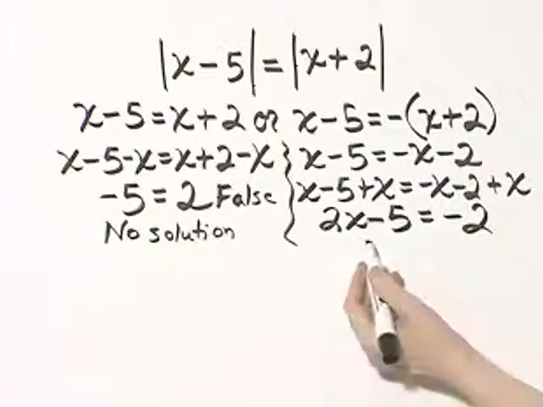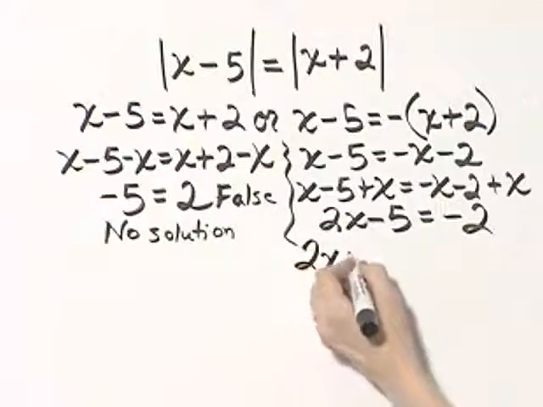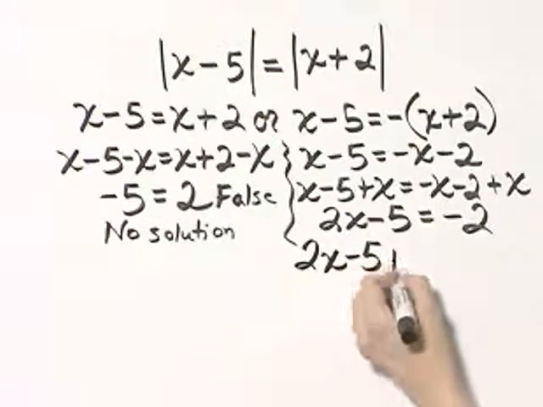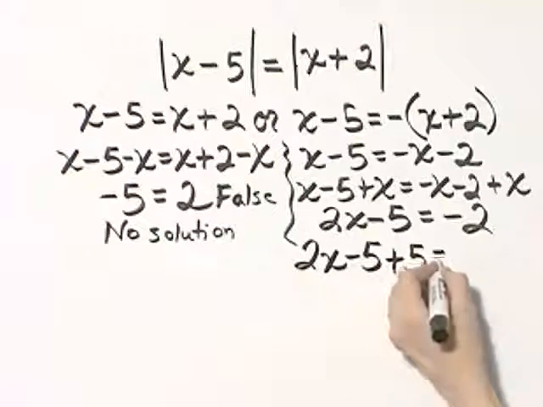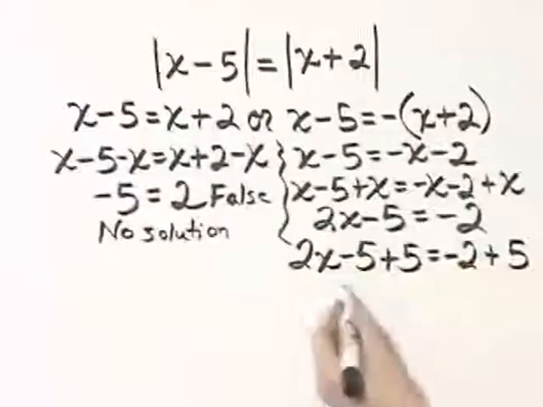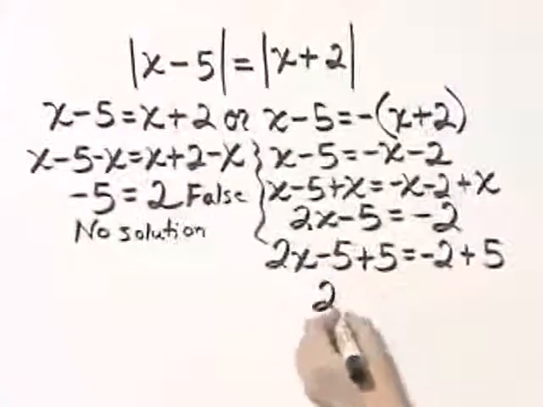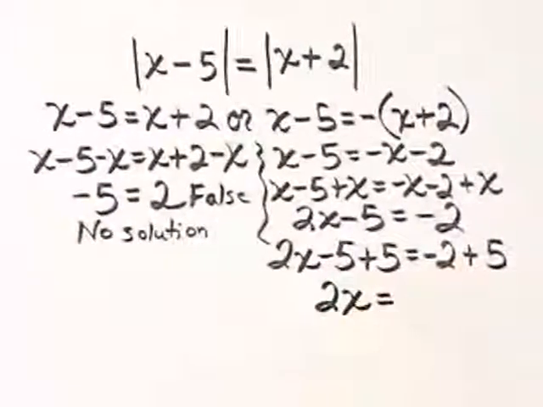Now let's finish solving. I'll add 5 to both sides. So here's the left side, and I will add 5. Here's the right side, and I will add 5. 2x minus 5 plus 5, these subtract out, and I have simply 2x is equal to negative 2 plus 5, and that is 3.